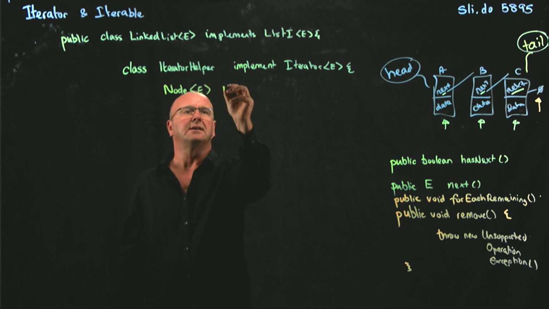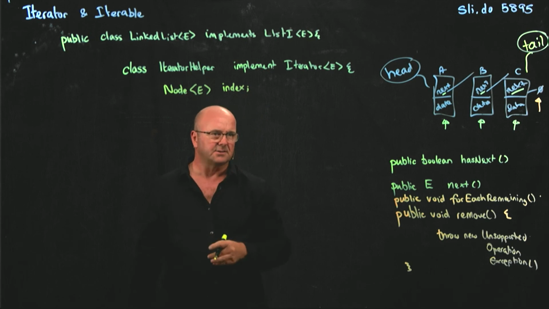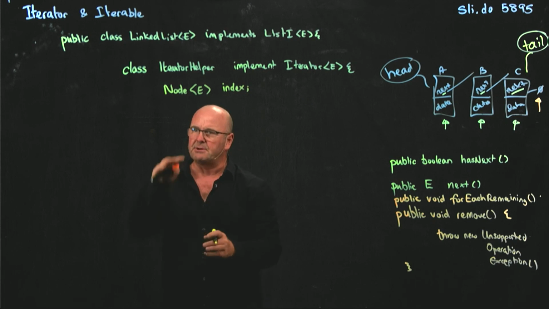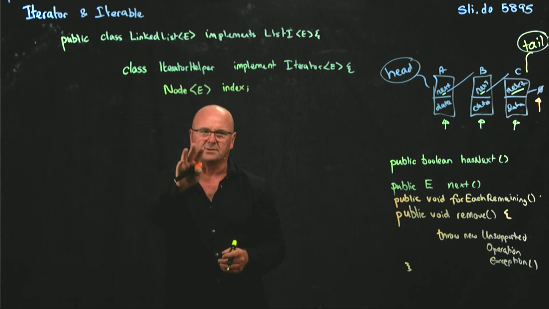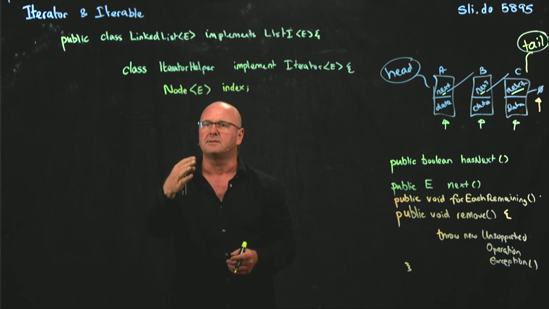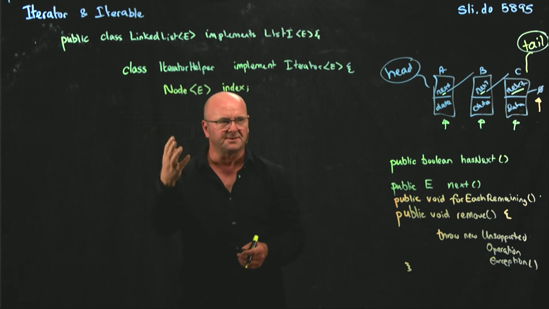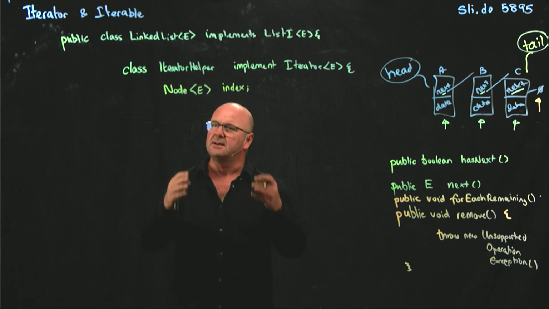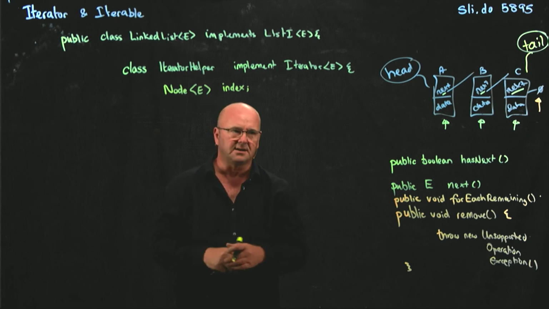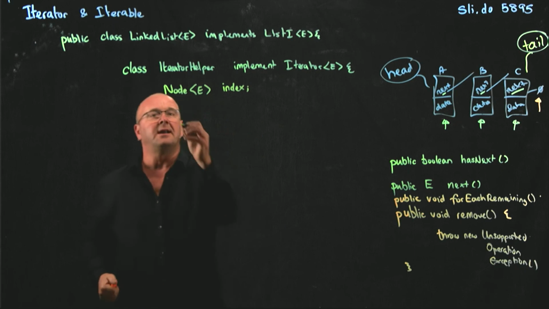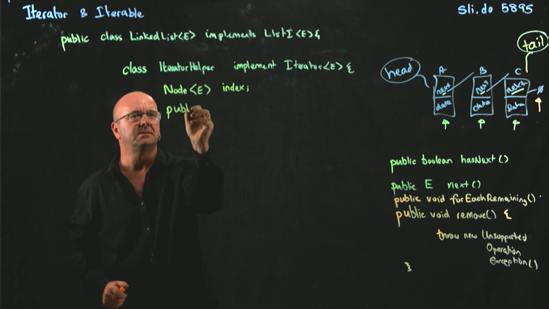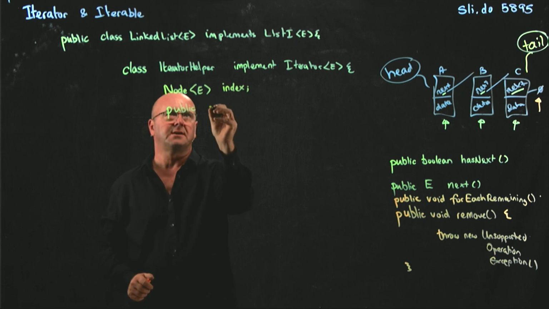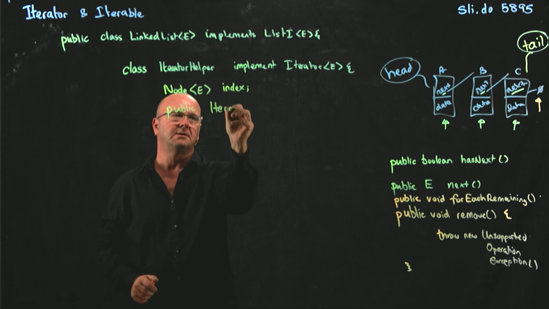Let's call that index. Just so that it's clearly a different variable. When we're looking through our code, if we saw current again, we'd say, well, is that the same current as before? But by using a different variable name, it helps us keep clear index is just in this inner class. And now we're going to have a constructor, public iterator helper.